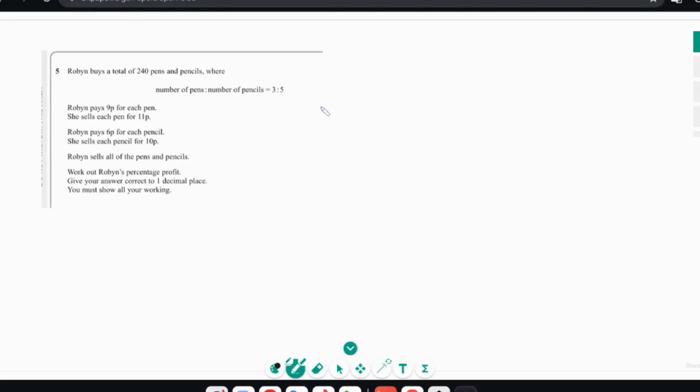Question 5. Robin buys 240 pens and pencils, where the number of pens to the number of pencils is in the ratio 3 to 5. Before I even look at the rest of this question, I'm going to work out the number of pens and the number of pencils. So we've got 8 parts altogether. 240 divided by 8 is 30. 3 parts for your pens, so 30 times 3 is 90.